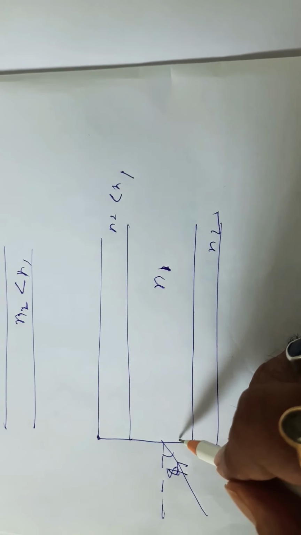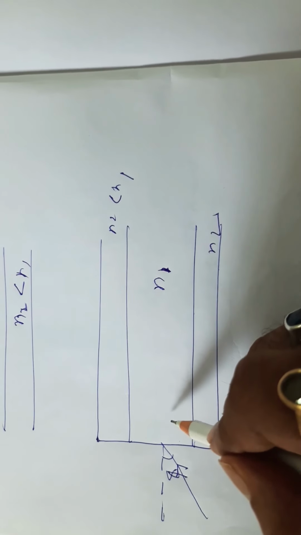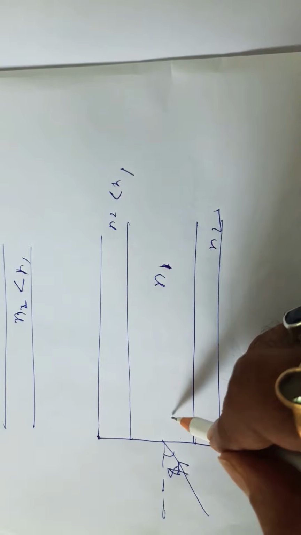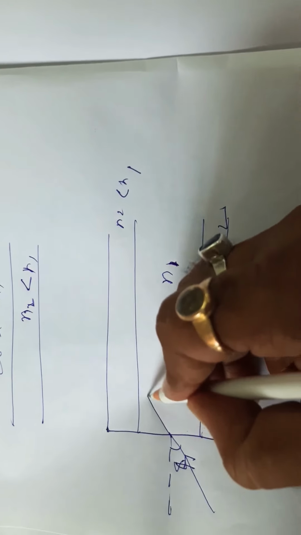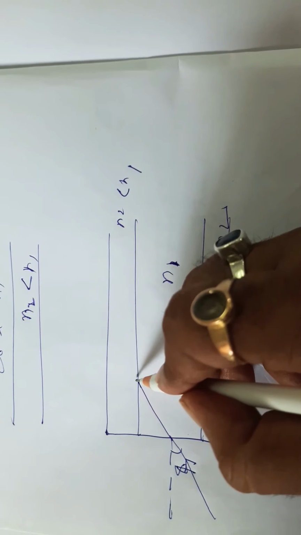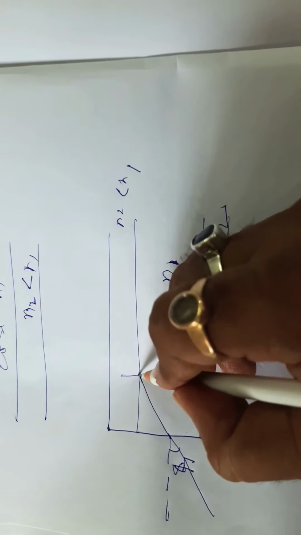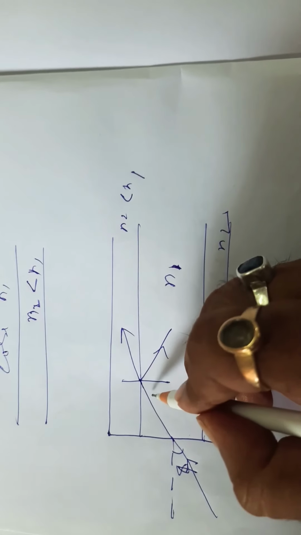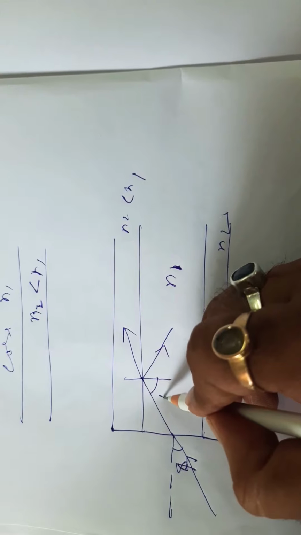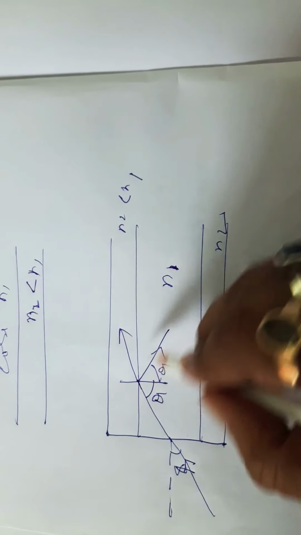Let a part of the energy associated with the ray which has entered the core get reflected into the core from the core cladding interface. So it strikes the core cladding interface; a part of it will go this side, and a part of it will come back inside the core.